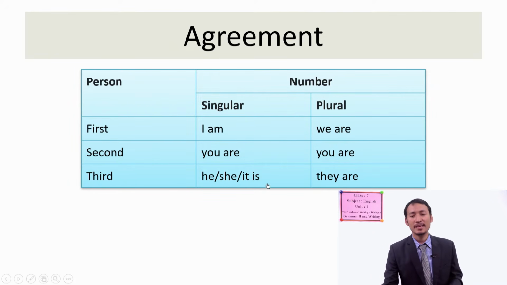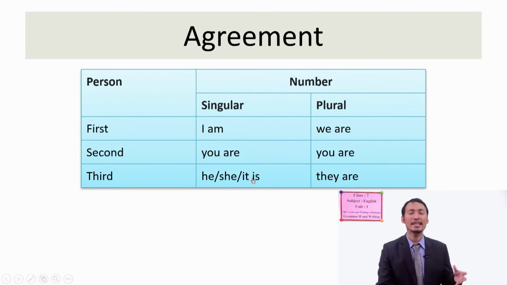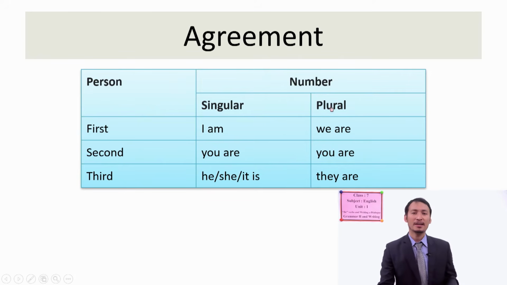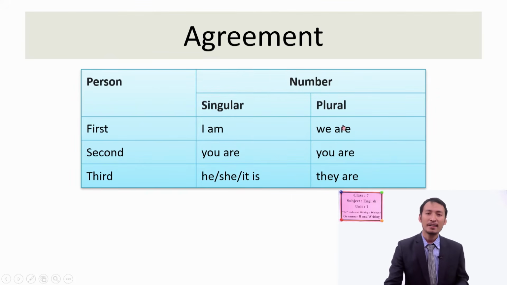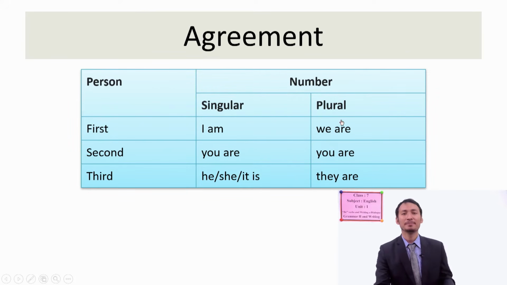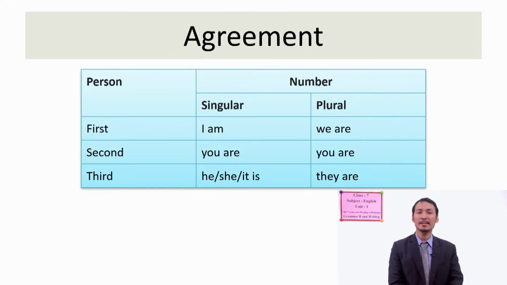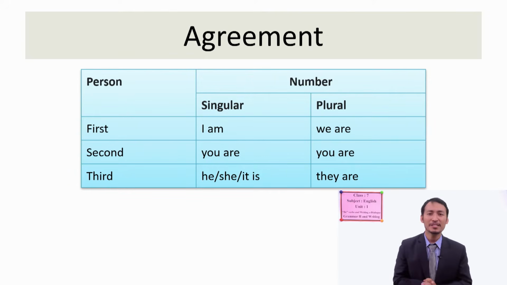So look here: am, are, is. I am, you are, he, she, it is. And for plural, all the subjects like you, we, they all take the plural verb are in the agreement. Okay, students, this is how we can make our sentences.